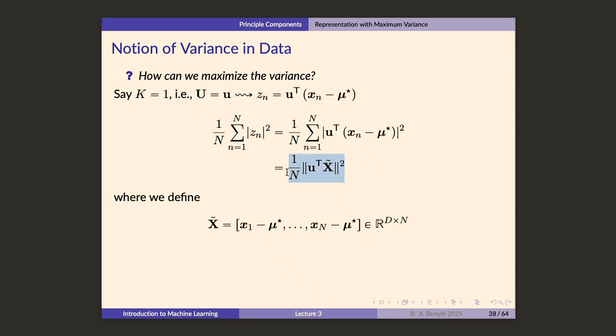And now, let me go one step further. If you have one vector and you want to compute its norm, can I just compute the inner product of the vector with itself? Is it correct or not?